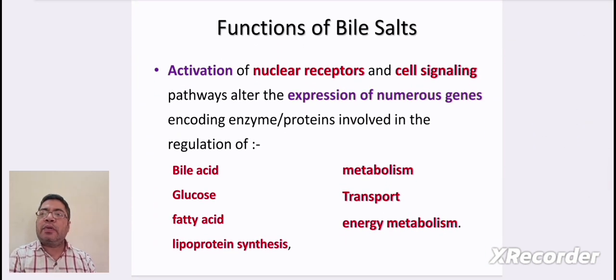The activation of nuclear receptors and cell signaling pathways alters the expression of numerous genes encoding enzymes or proteins involved in the regulation of bile acid, cholesterol, fatty acids, and lipoprotein synthesis, metabolism and transport.